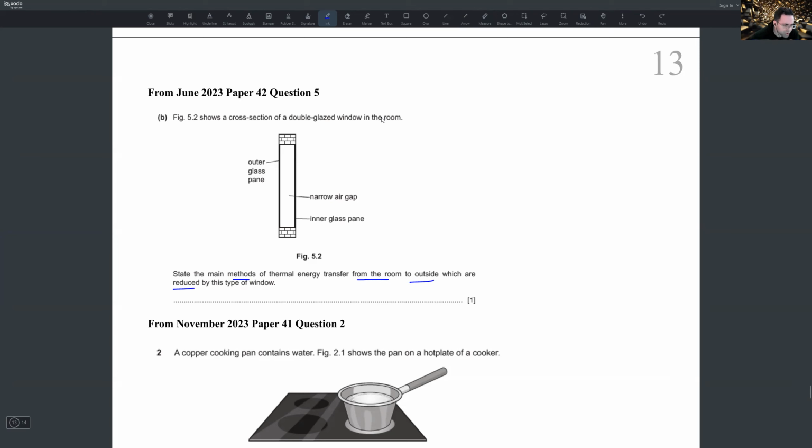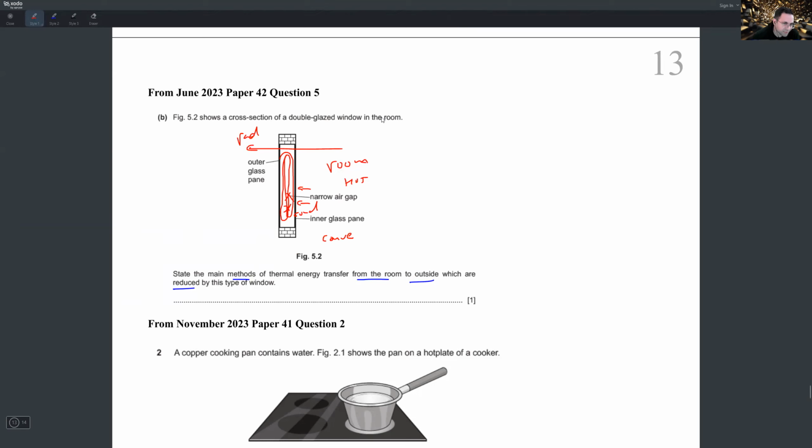Will this stop radiation? No. This is our room. It's hot. It does not stop radiation; radiation passes through. But conduction cannot occur because the air is a bad conductor. And convection cannot occur because the air that's trapped here, even when it gets hot, won't escape.